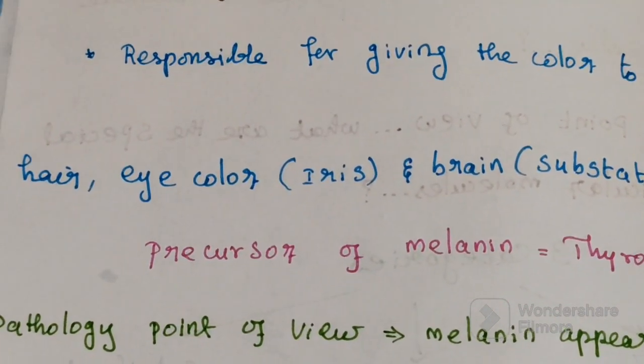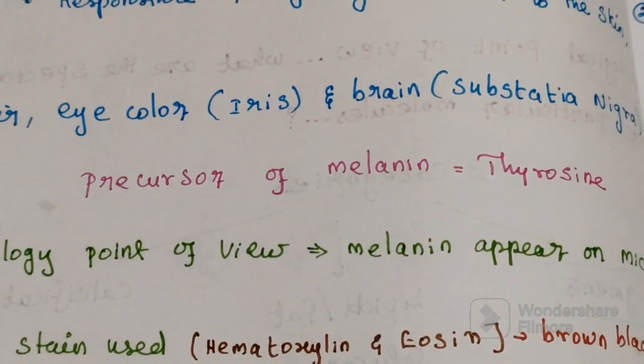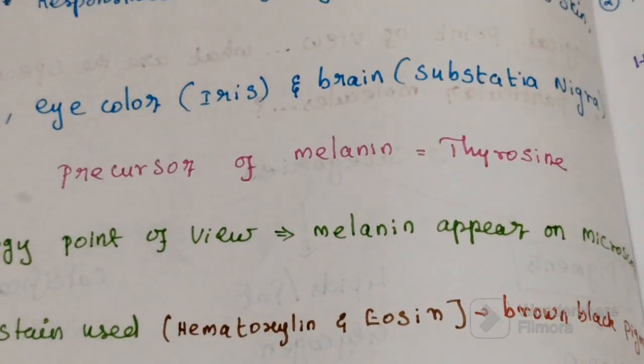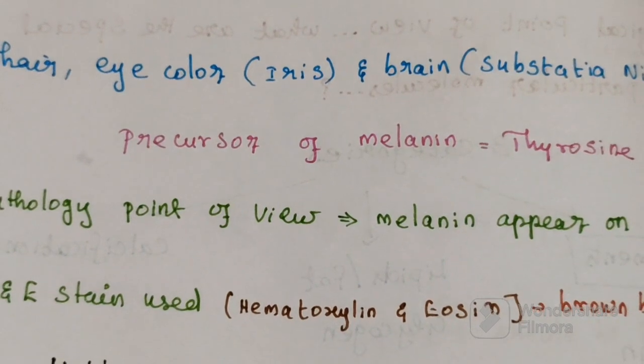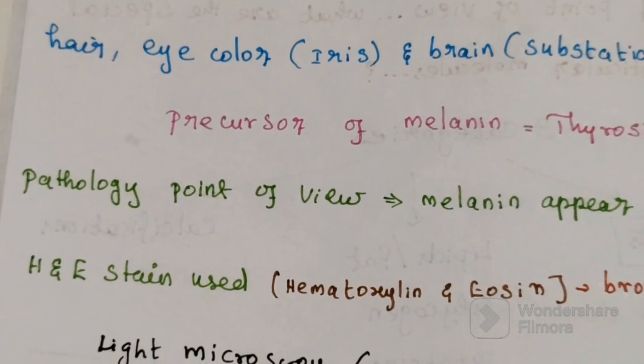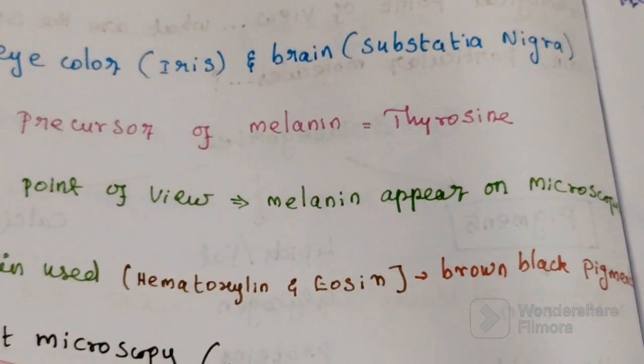Then biochemistry: what is the precursor of melanin? The precursor of melanin is tyrosine. What do we need to know from a pathology point of view? How does melanin appear on microscopy?